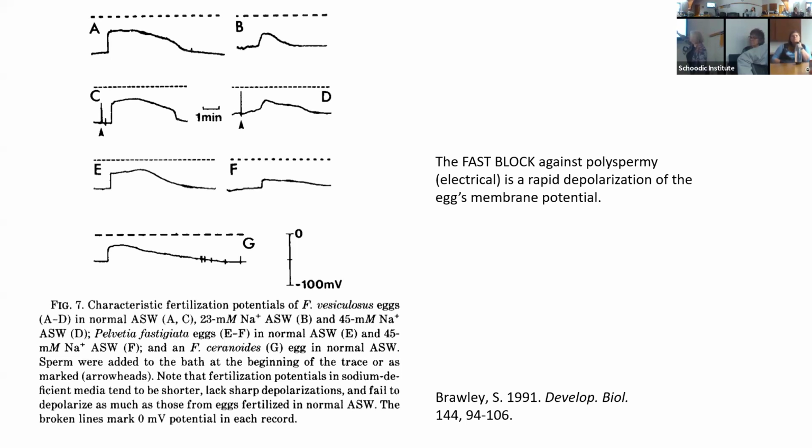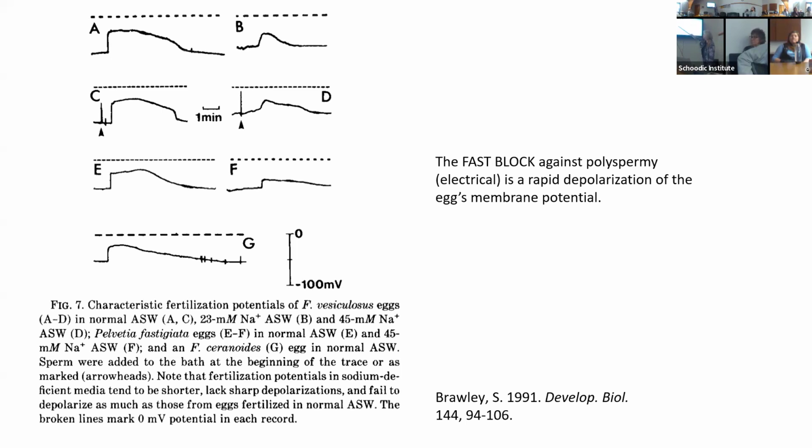And the ones that are under A are different places, different species, although Fucus vesiculosus is A through D. And these are ones that have experimental lowering of sodium. But they're all experimental. So the main point is sodium is limiting in these as opposed to this.